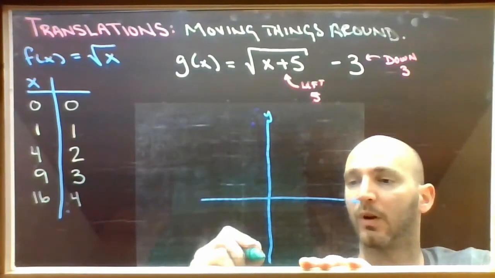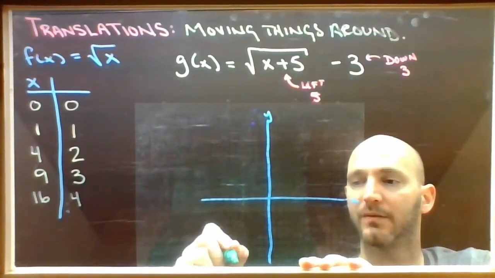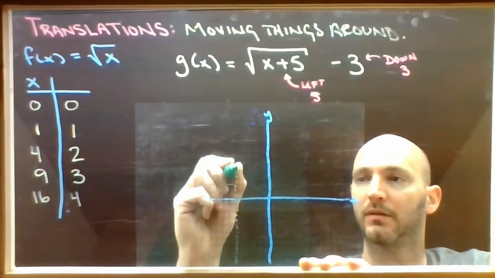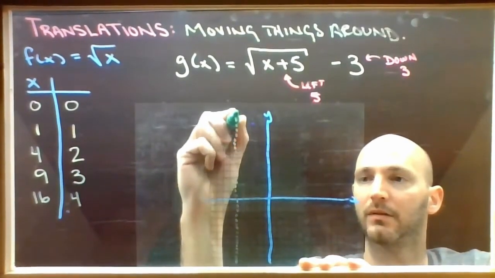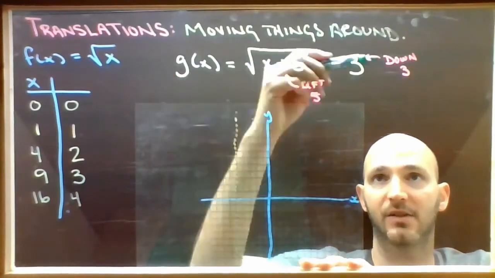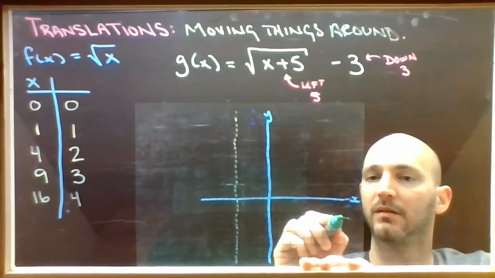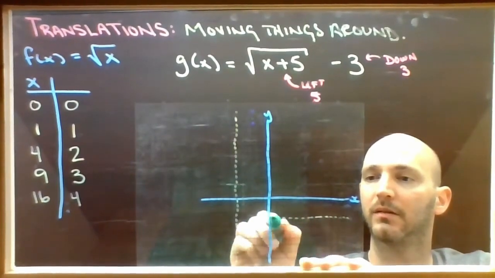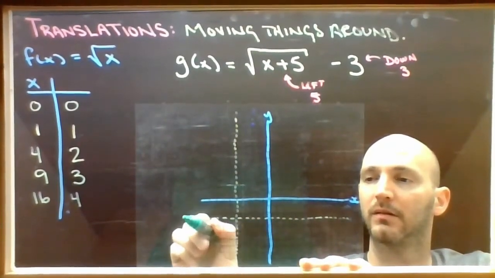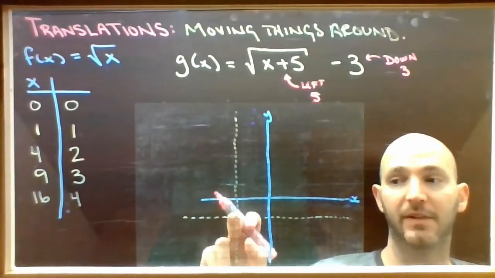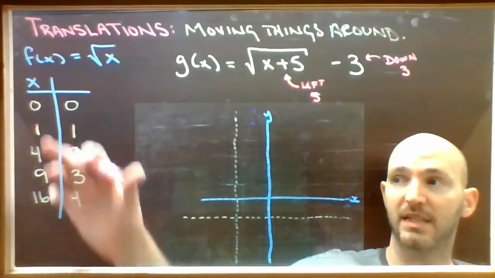So it's 1, 2, 3, 4, 5. And my x-axis should be shifted 3 down, 1, 2, 3. So now that I have my new origin, I just need to map this pattern.